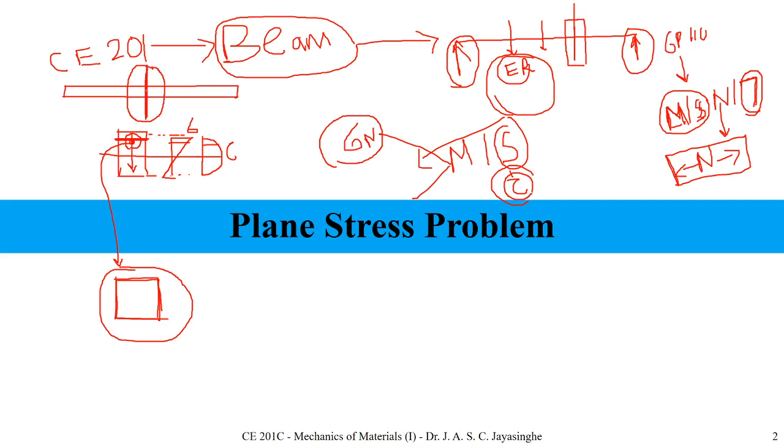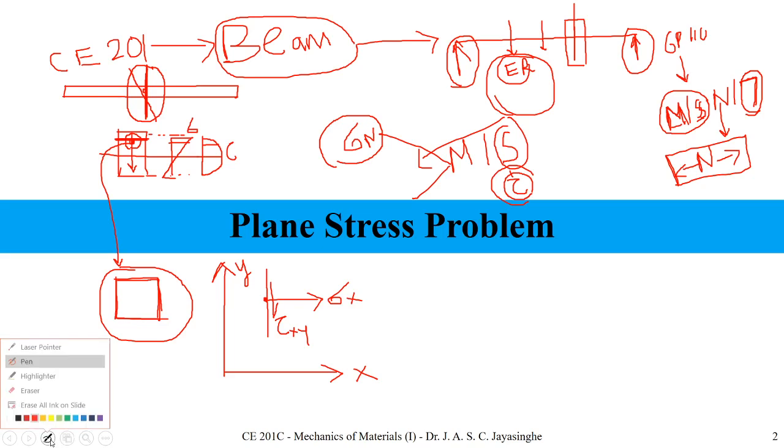Now we are going to check what happens to these stresses if we have an inclined cut. For the vertical cut, you can see the normal stress sigma x and the shear stress tau xy, in the general Cartesian coordinate system. For this point, we are going to rotate the plane, and then you can define again sigma x dash and tau x dash y dash.